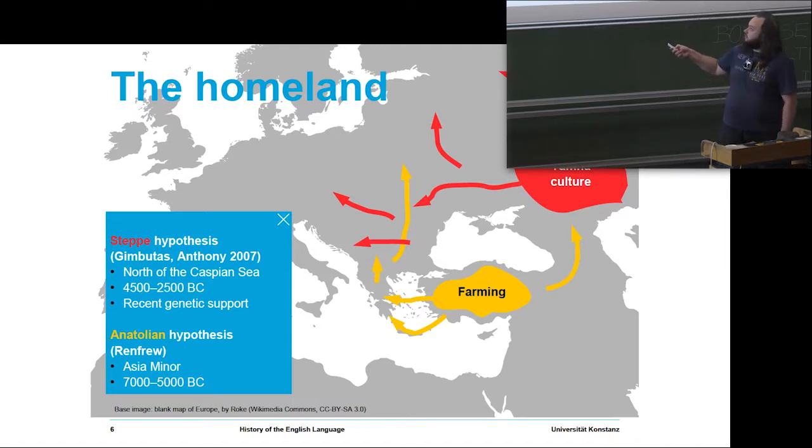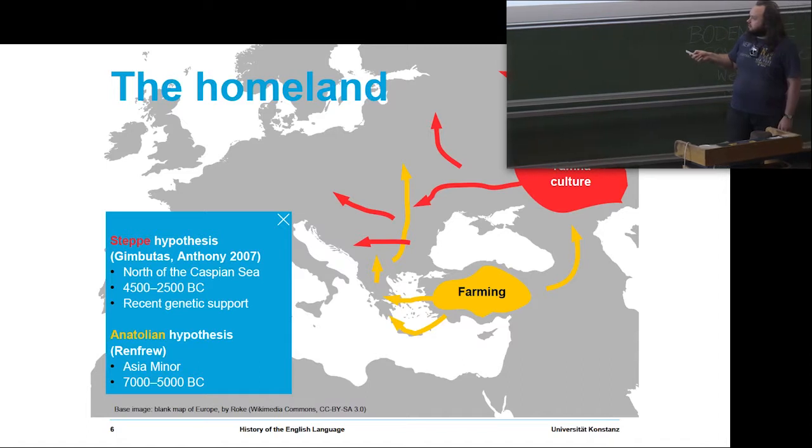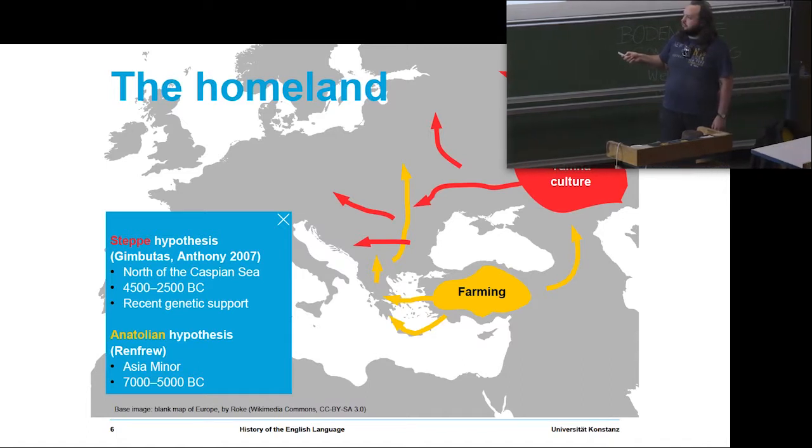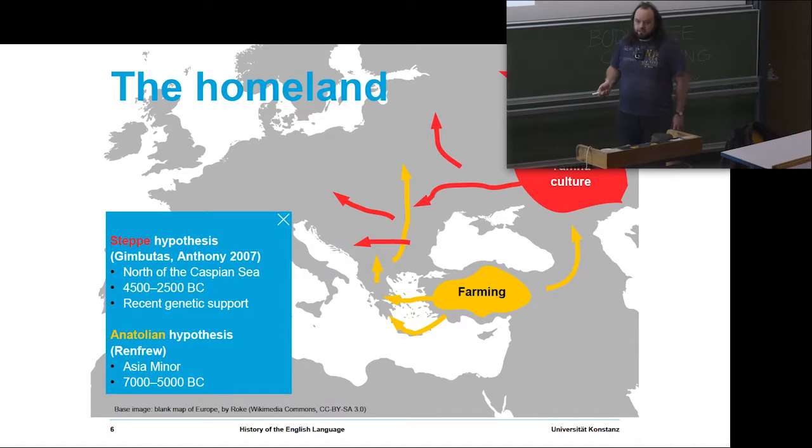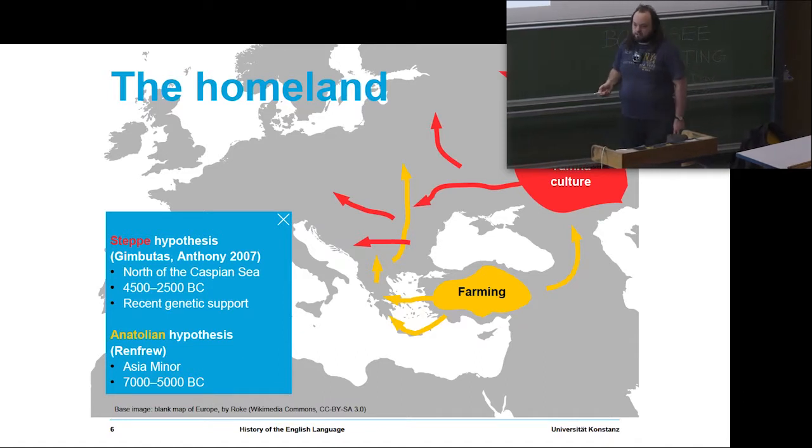So up here we've got Britain, and there are two big hypotheses about where exactly Indo-European came from. The one which has probably slightly more support in the research community in general is the steppe hypothesis. So this is associated with Gimbutas's work, and it's been supported very robustly in recent work by David Anthony, which is given in the references, which you can find online.